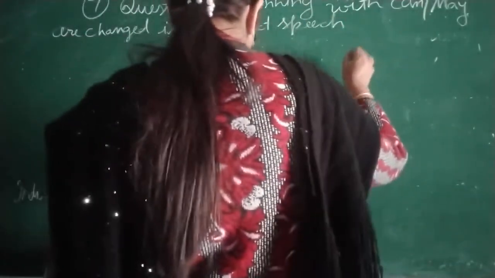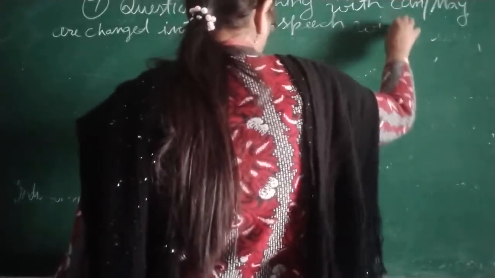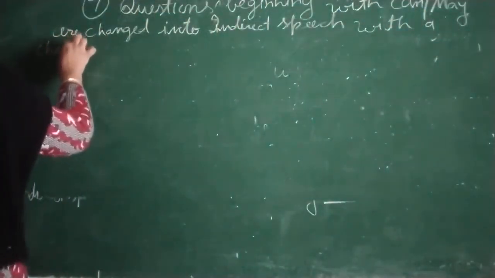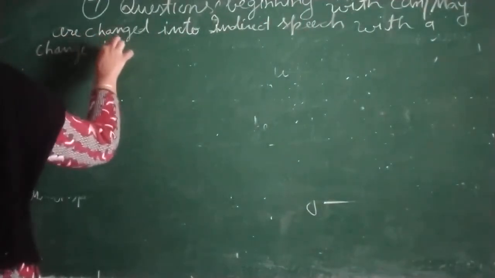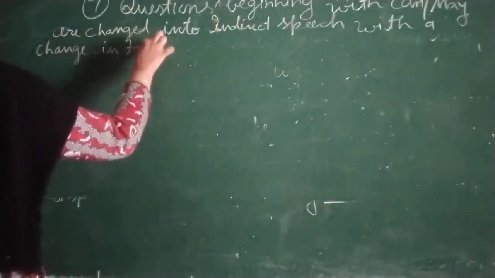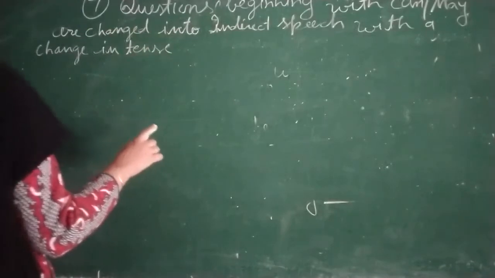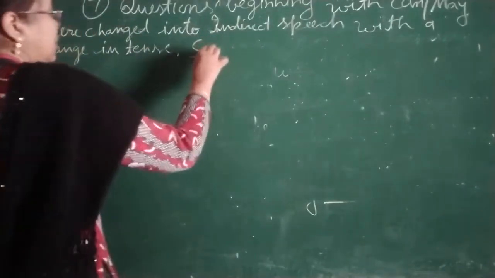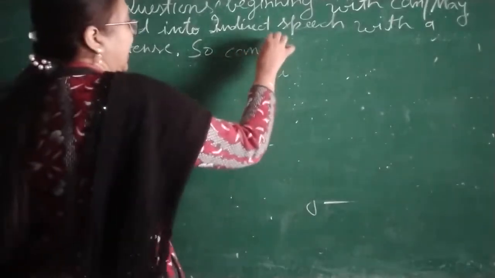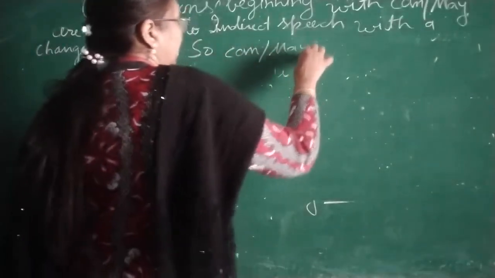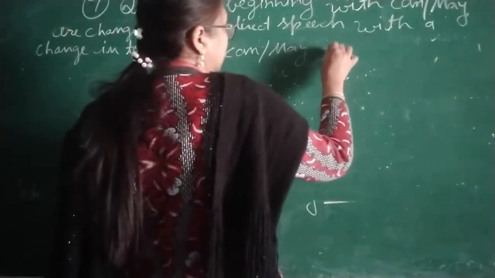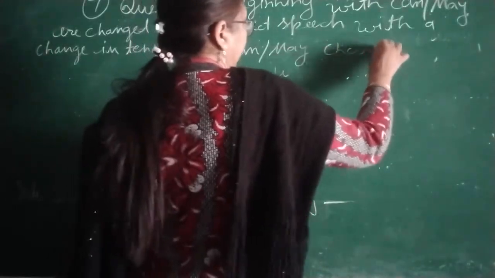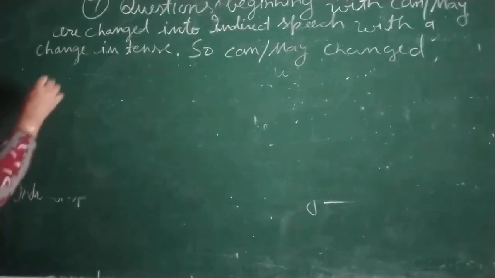with a change in tense, children, with a change in tense. So can and may are changed into could and might.